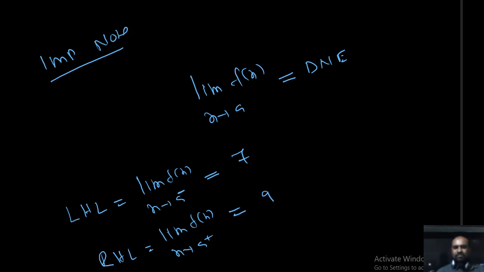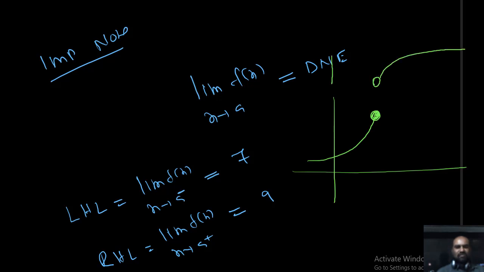For example, this is the y-axis, this is the x-axis, and this is the graph of a function. Students, listen, this is an interesting one. This is 2, this is 4, this is 7. This is the function graph f of x.